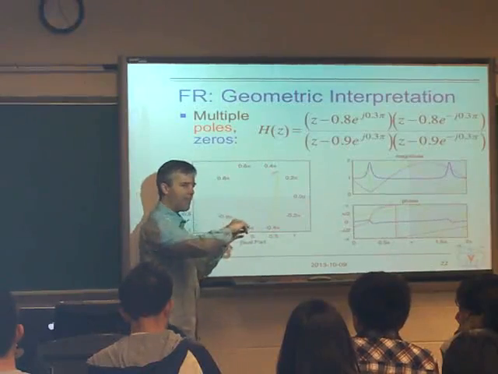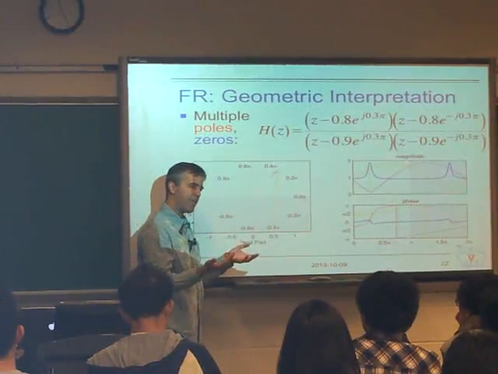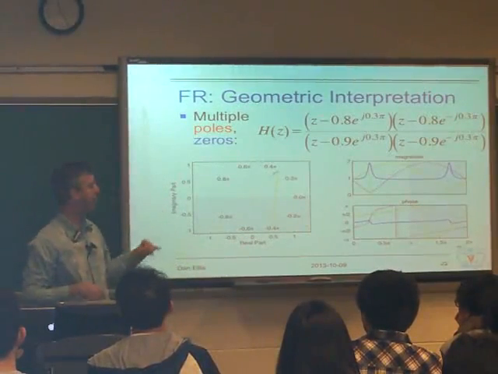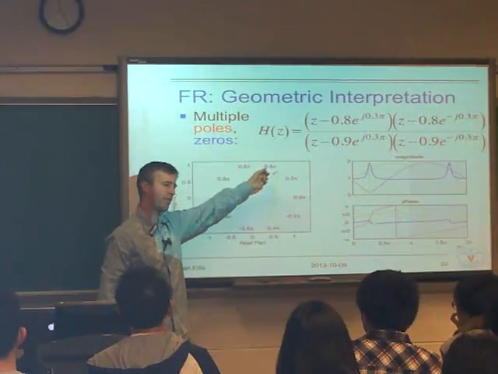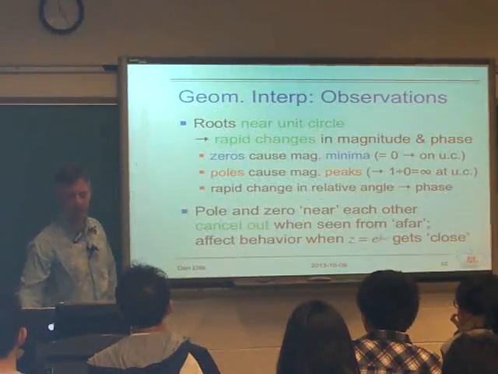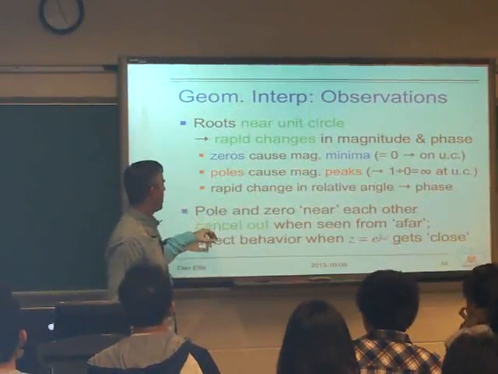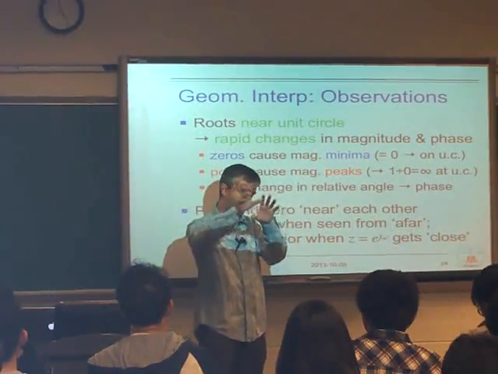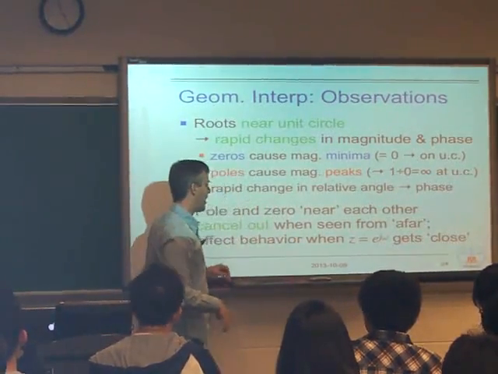They're about in the same place. The vectors are about the same. So their influence basically cancels out when seen from far away. From far away, they look like they're almost on top of each other, so they're almost a canceling pole-zero pair. So they don't matter. But when we get close to them, of course, suddenly we can see the difference between them. They're not quite the same place.